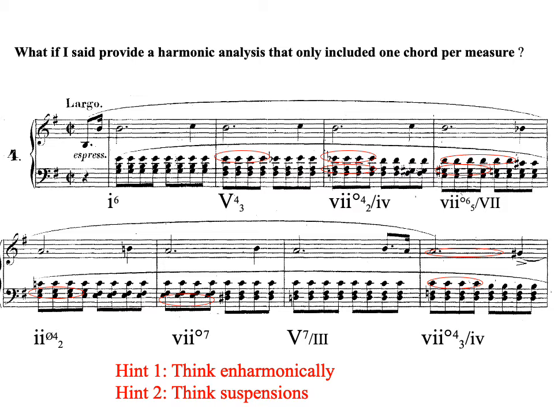Likewise, that A, that's the second lowest note in the measure, is really a suspension that moves down to the G sharp at the end of the measure. And the chord is just G sharp, B, D, F. It's a fully diminished 7 chord that tonicizes A, but you can see all these great little suspension figures going on here that sort of give the piece its fuzziness and its harmony that makes it sound so good.